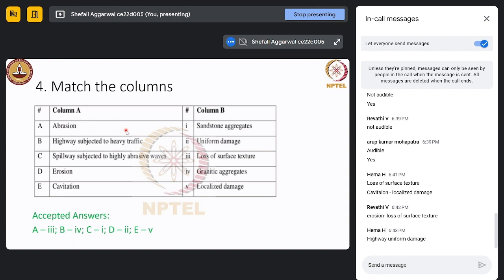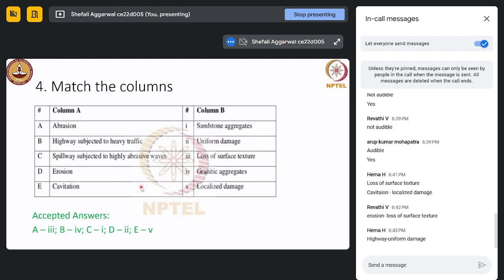We have seen that at one point aggregates will be on the surface, so then the aggregates are also removed. So that's why we are telling abrasion causes loss of surface texture. Then second is highway subjected to heavy loading. So whenever there is heavy loading, the aggregates which are used are the granitic aggregates.